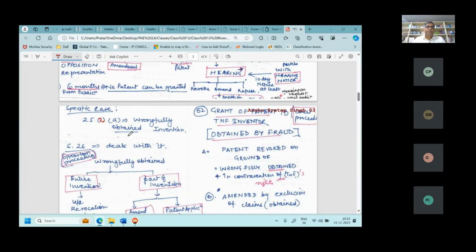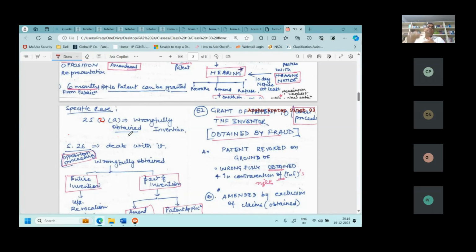Suppose you got to know it later, when the patent was granted. Then you will fall under section 26. First, you will oppose it. After opposing it under 25(2)(a), there will be revocation. If it is wrongfully obtained, the invention will be revoked.